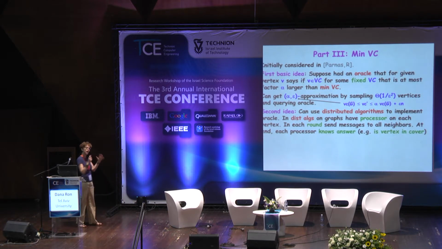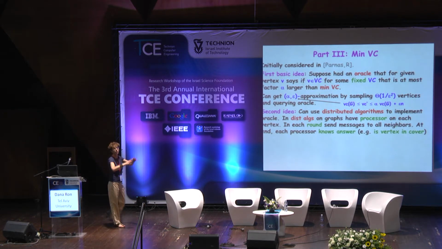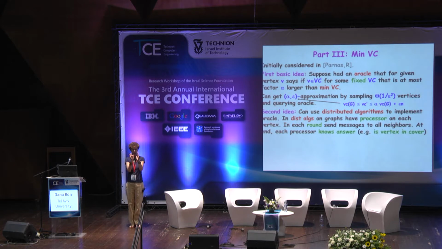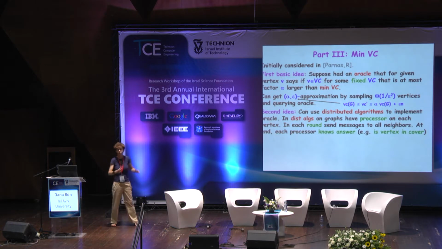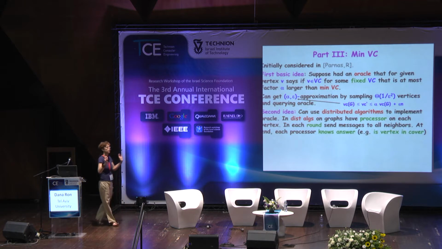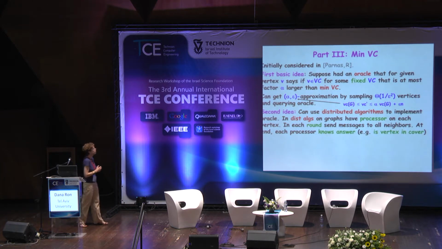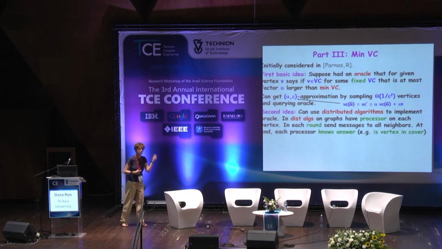In distributed algorithms, for computing graph parameters, I think of there being a graph, and in each vertex there's a processor. A processor in each round can send messages, and here I don't care about the size of the messages at this point, to all its neighbors and receive messages from all its neighbors. That's the distributed message passing model, and the main measure is the number of rounds.